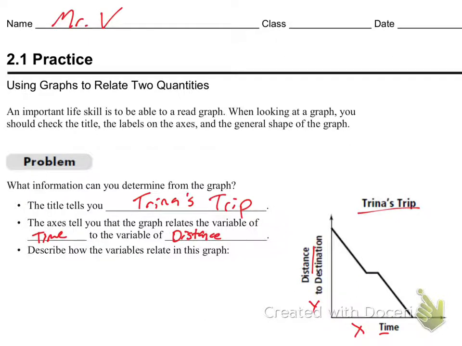Describe how the variables relate in this graph. So this is something we'll get into later, but if you want, you can draw a trend line between the majority of the points, and you can see this is a negative trend line, so going down.